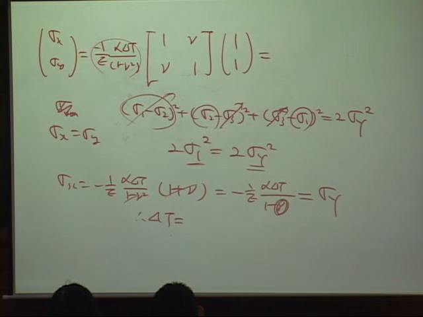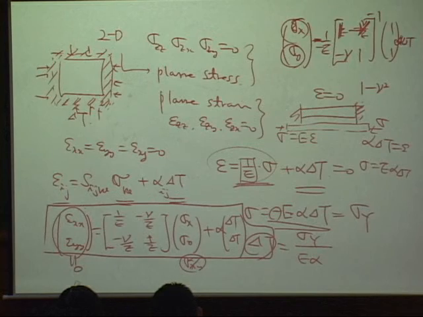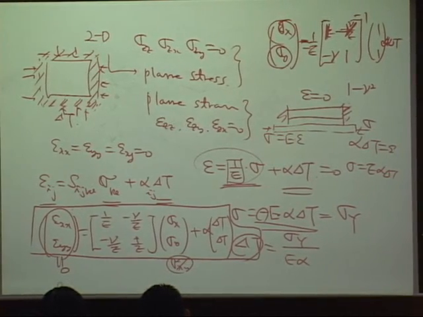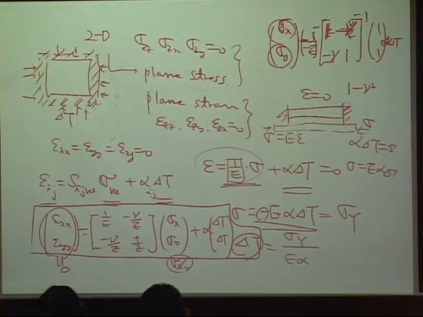Okay, let me see. In one-dimensional case, the value was sigma x. Sigma x was, how much was it? Oops, there is something wrong. Okay, 1 over E, it needs to be inversed too, right?